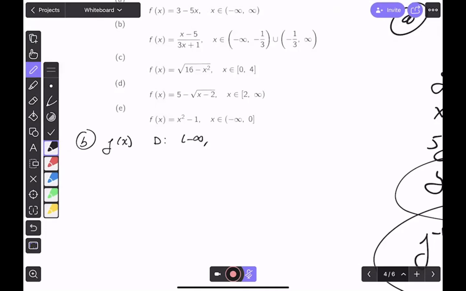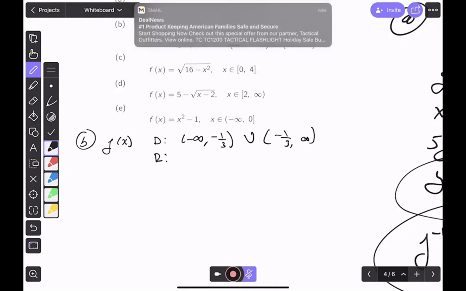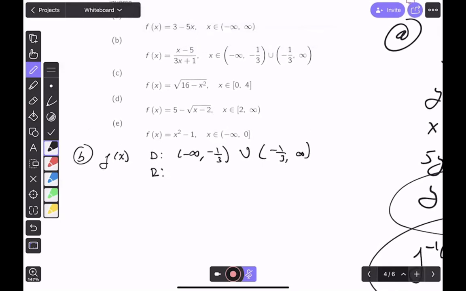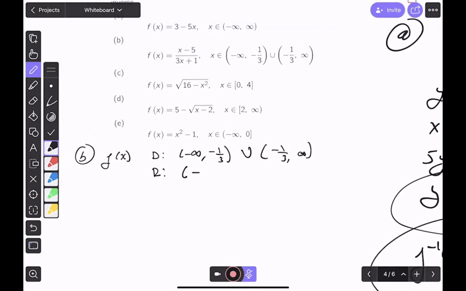Minus infinity up to minus 1/3 union minus 1/3 to infinity. I got to be honest with you, the range for a lot of students is really, really difficult. I would say we did graph this out before, but I'm not going to say you're convinced of it. You may want to start using a calculator to get better pictures, but at some point, it should be kind of obvious what the domain of it is and what the range of it is. But I'll put this down for you.